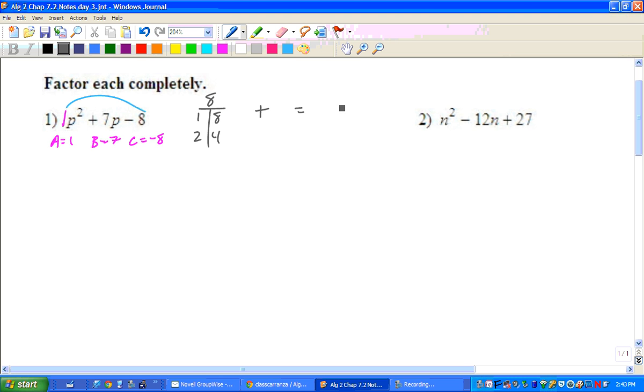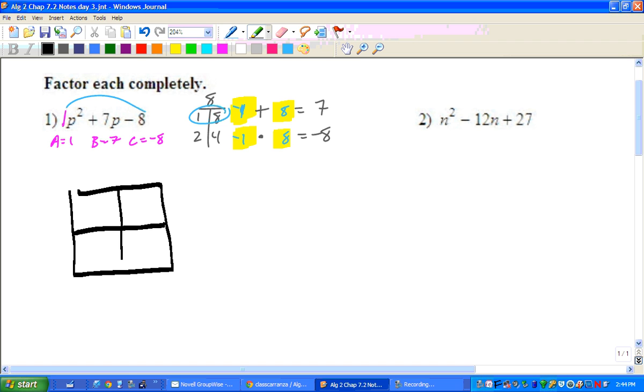And now which numbers add up to get to 7, but multiply to get to negative 8? We should be pretty quick at some of this stuff by now. Okay, it's 1 and 8. But what type of 1 is it? It's a negative 1.